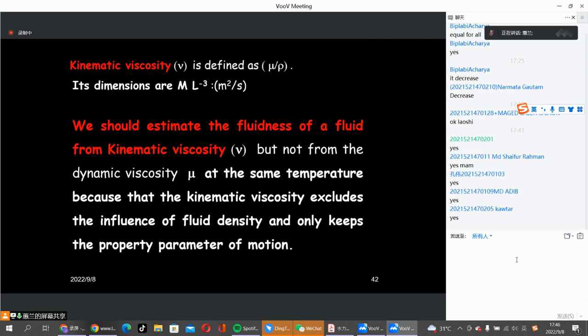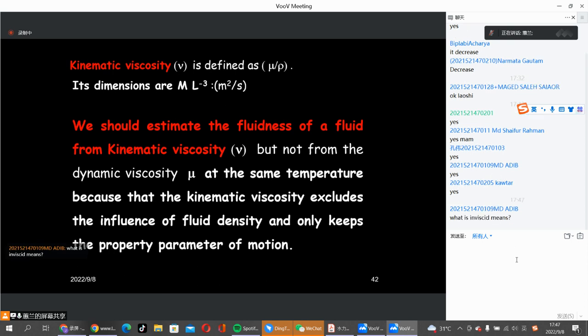Besides viscosity, we also have the kinematic viscosity. Kinematic viscosity is defined as the dynamic viscosity divided by the density. It is divided by the density because the density can vary between fluids.